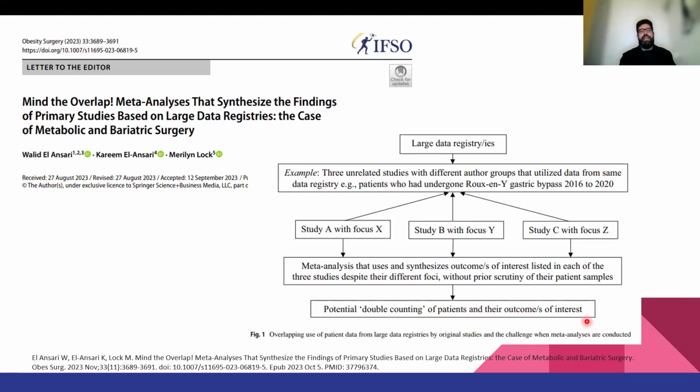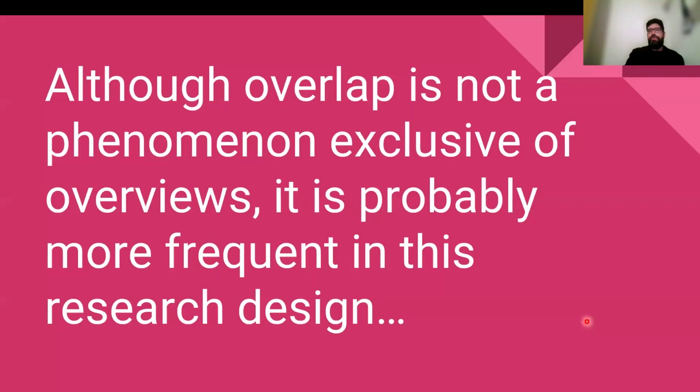Suppose that you're analyzing some outcome in cancer patients, and you find one systematic review that assesses a database from 2006 to 2010, and another study that assesses the same database between 2009 and 2015. You'll have the patients from 2009 and 2010 overlap because you're counting them twice. So although overlap is not a phenomenon exclusive of overviews, it is probably more frequent in this research design.